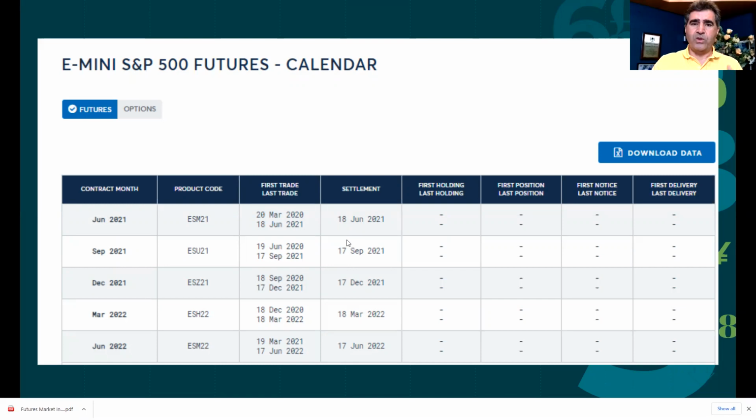So when you roll it, you have to pay a higher price. Backwardation is when the near month is higher than the later months, so you can roll it and buy less and less. Usually that means there's a lot of positivity for the near future. There's a lot more demand. So that's usually a bullish outlook.